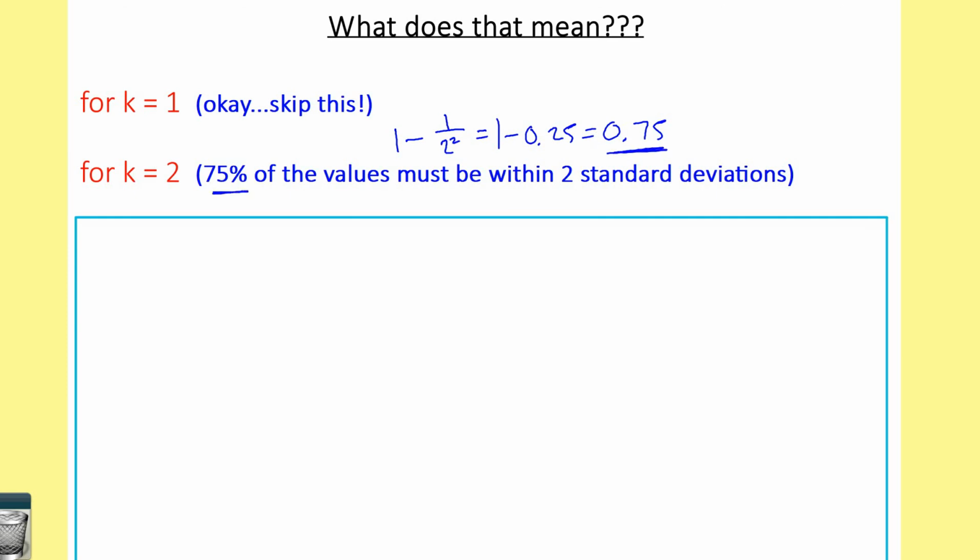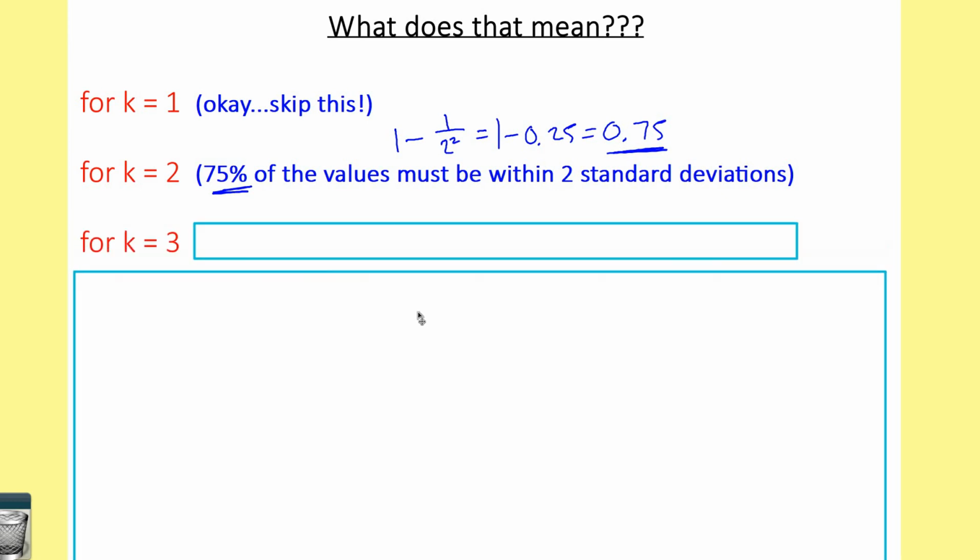That's where we got 75% of the values must be within 2 standard deviations. That makes sense because technically we should actually have 95%. Again, not the best case scenario. We want to go more extreme. So let's try a little bit further. Let's do 3.